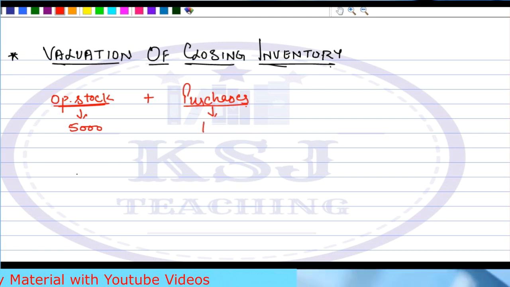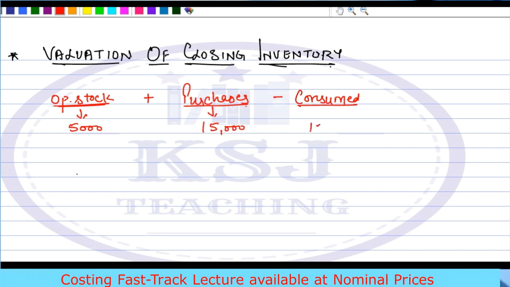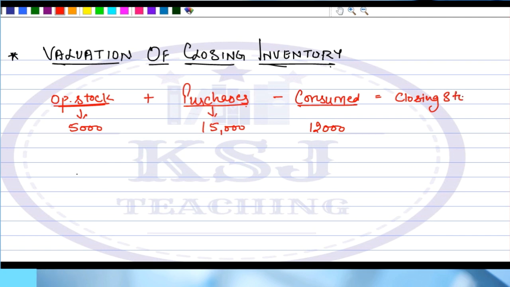Out of this you have consumed, say, 12,000 units. Now what is the stock left for you? That is the closing stock. 5 plus 15, 20,000. Out of 20,000, you have consumed 12,000. So your closing stock is 8,000 units.